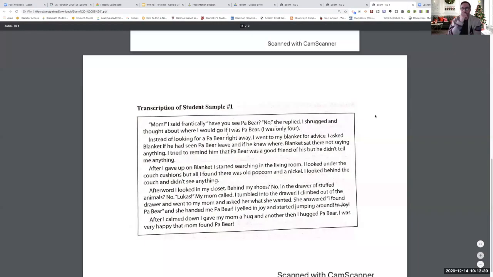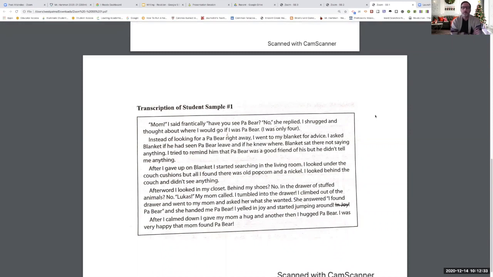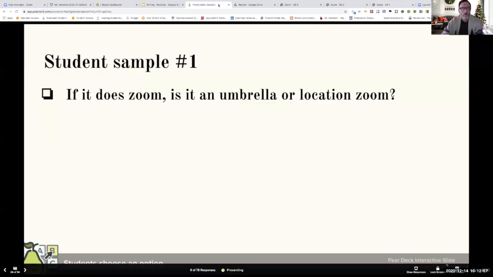We've determined that it does in fact have a zoom.